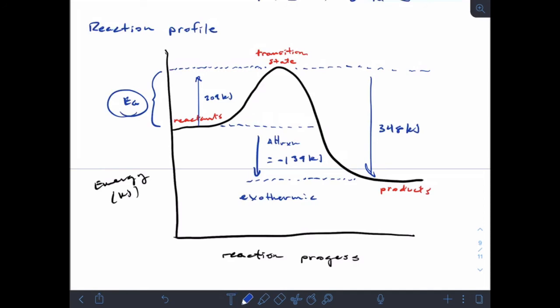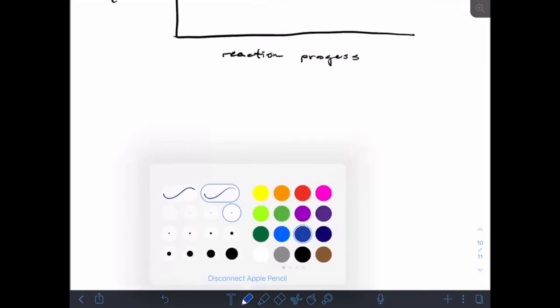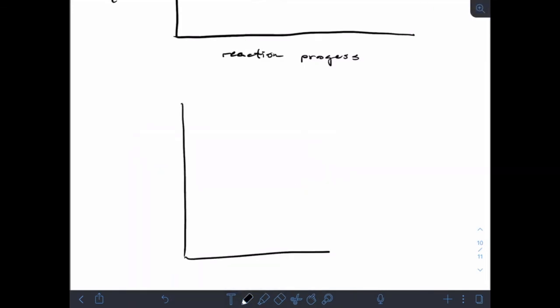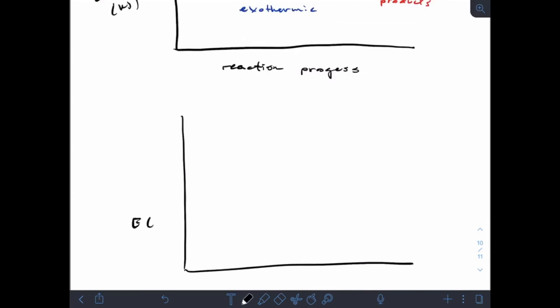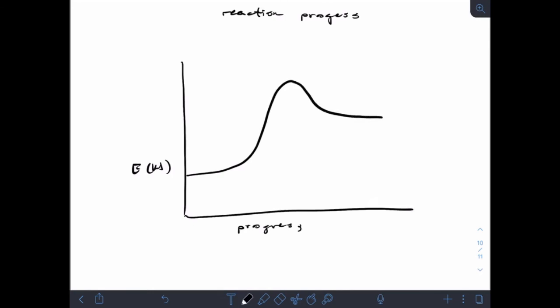Now let's take a peek at our last idea, and that's what an endothermic reaction would look like. I have my energy in kilojoules over here on the y-axis, and we have our progress on our x-axis. Whoops, I started to draw the wrong graph. Again, we have reactants on the left, products on the right.